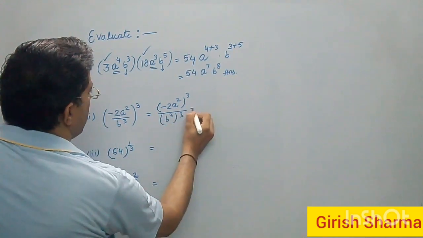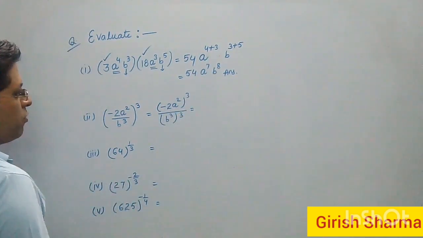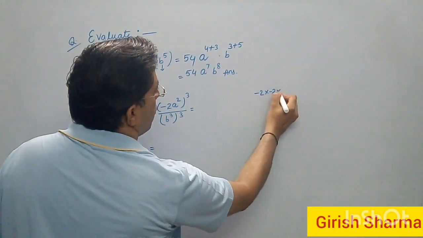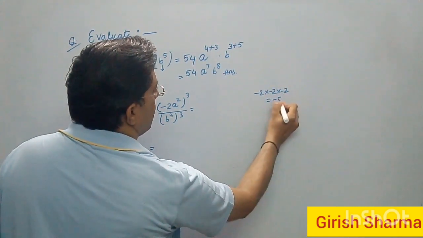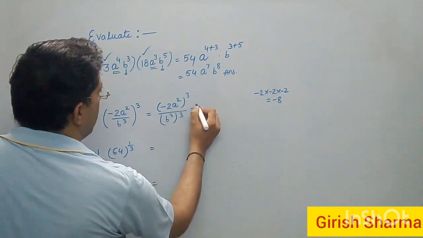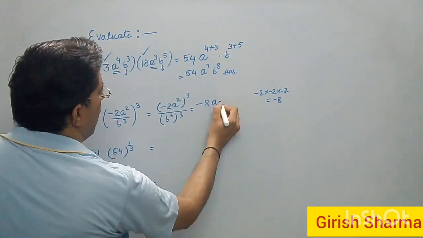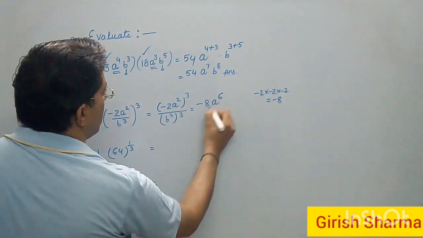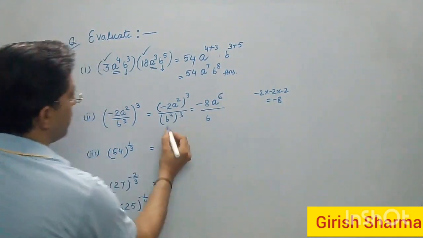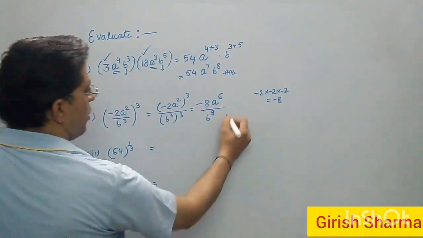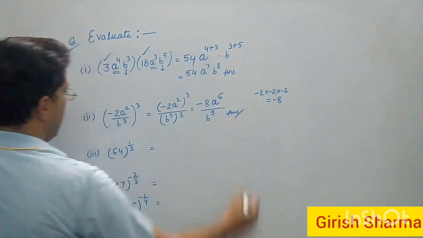Minus 2 power 3: minus 2 into minus 2 into minus 2 is minus 8. And the powers are multiplied, 2 threes are 6. Here the powers are again multiplied, 3 threes are 9. This is your answer, it's very easy.